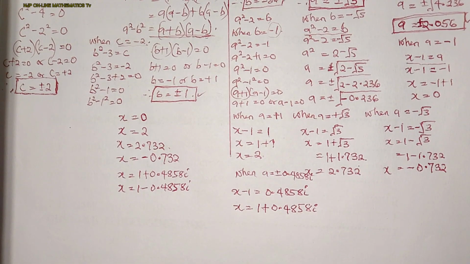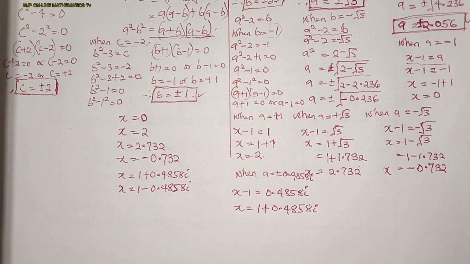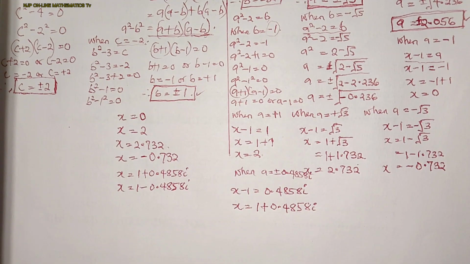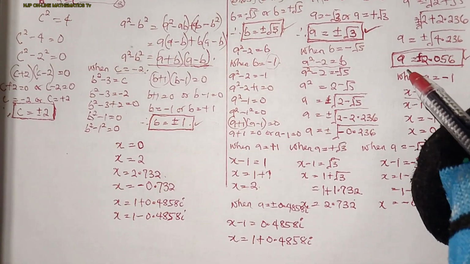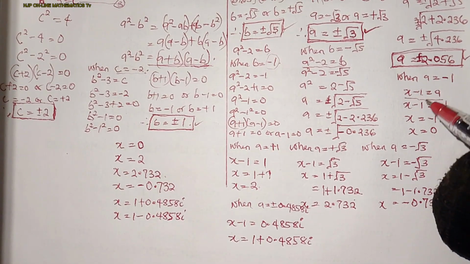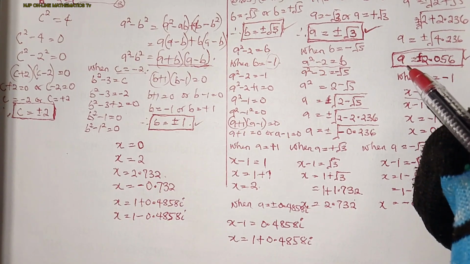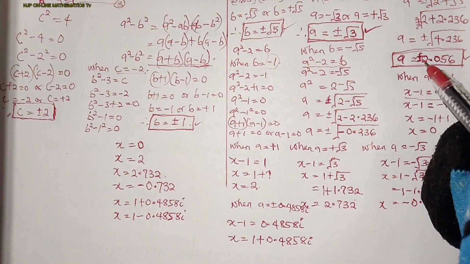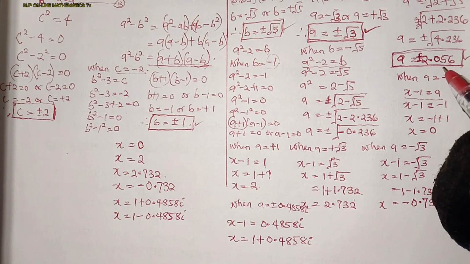We don't know which value of x is an extraneous value or which will satisfy the equation. So now we have to substitute finally the last value of a into this equation here. So we have that a equals positive or negative 2.056.